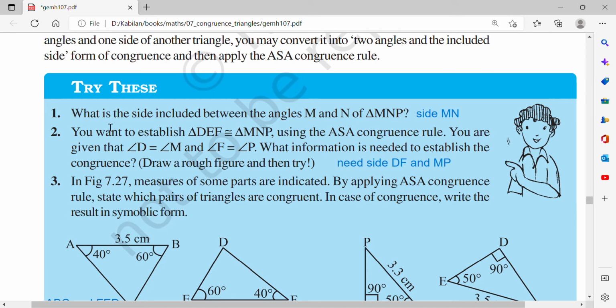So here you see what side is included between angle M and P? If you apply the angle side angle property, the side is MN. So we need this side DF and MP to decide the congruency.